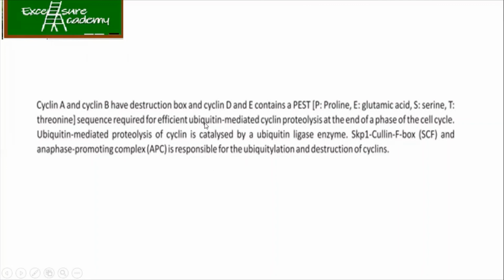And they have these destruction boxes present. The destruction box, meaning the PEST domain, is where the ubiquitin comes and gives the tag. Once these cyclins have the tag of ubiquitin, they are meant for destruction only. And who does this? APC and the SCF. What is SCF? SKP1 Cullin F box. Okay, clear guys?